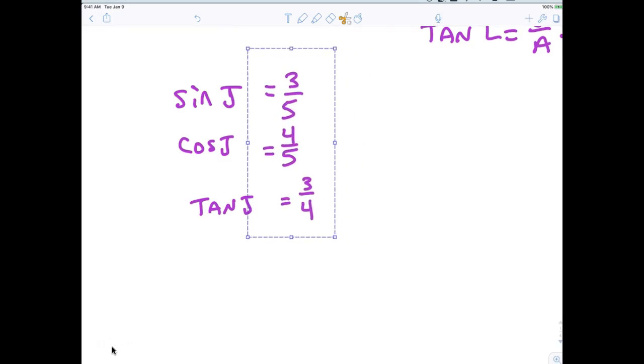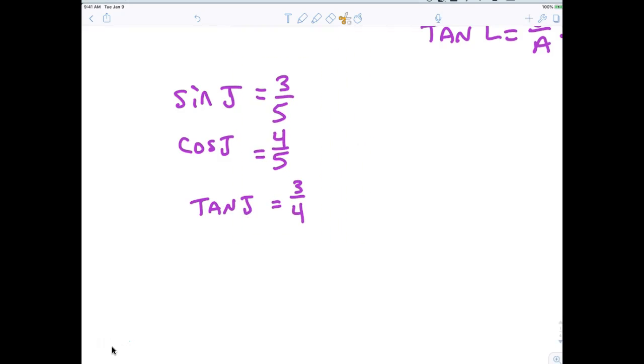I really want you to listen carefully because I'm now going to show you how I can figure out what the angle measure is. So every angle has a unique ratio. Did everybody hear what I just said? There's only one angle that has a sine of 3/5. And now we're going to use our calculator to figure out what that angle is.